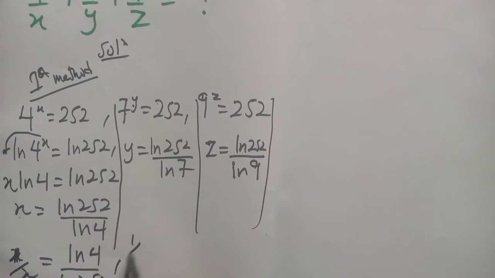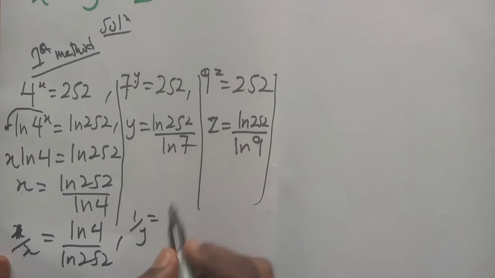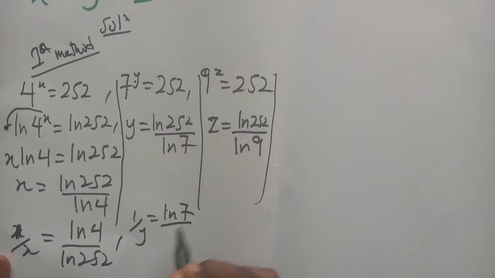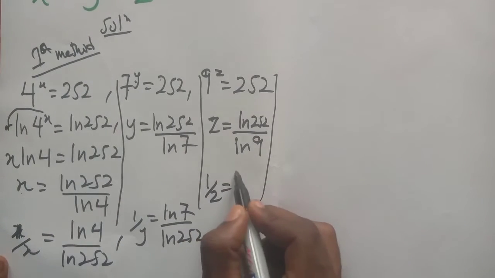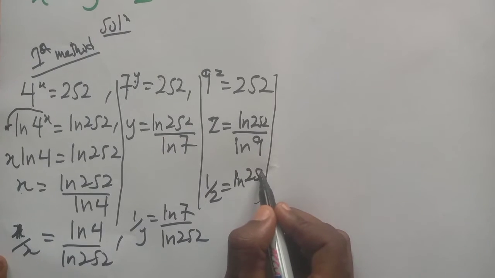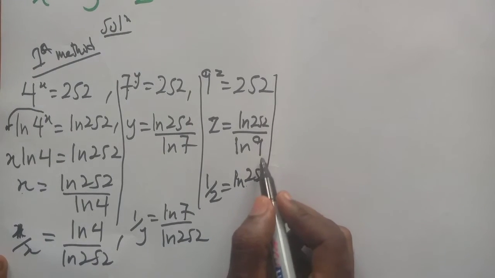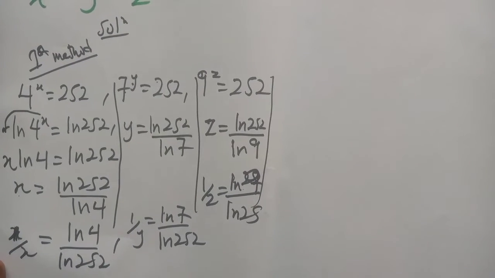Then 1 over y also becomes ln 7 over ln 252, and 1 over z here also becomes ln 9, sorry, divided by ln 252 in this case, right?